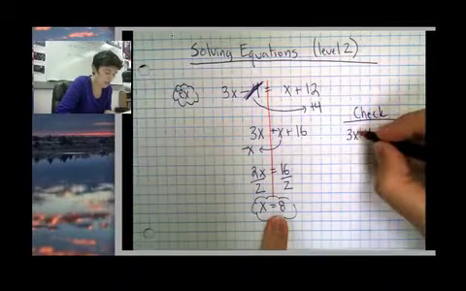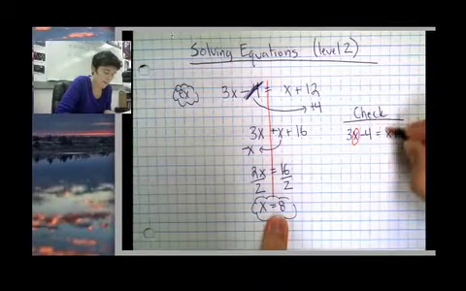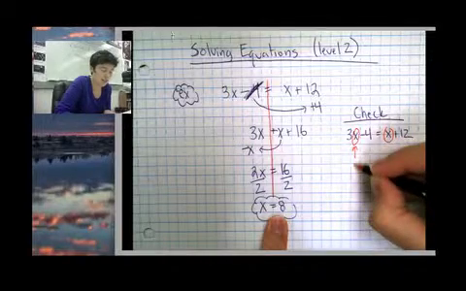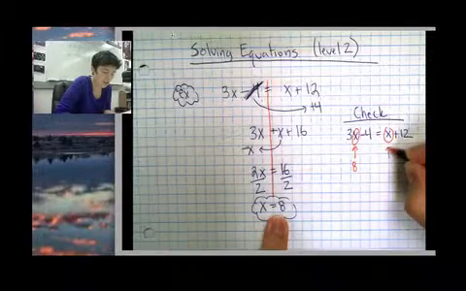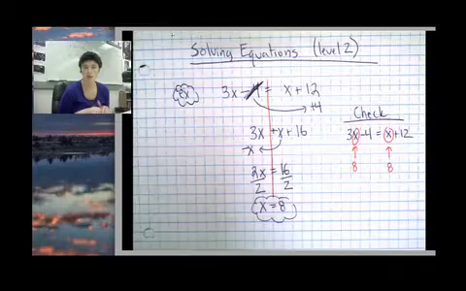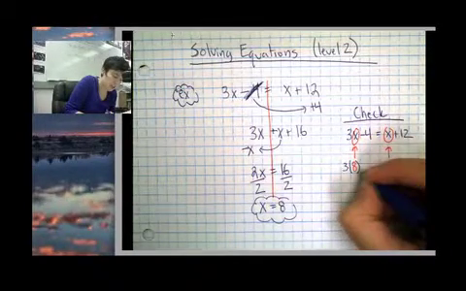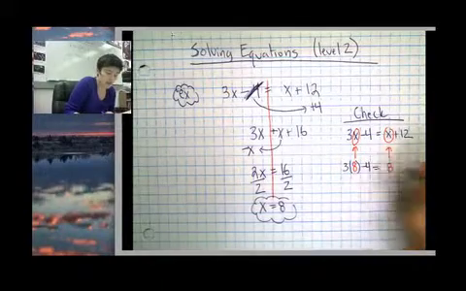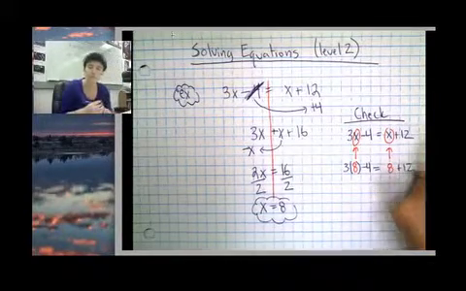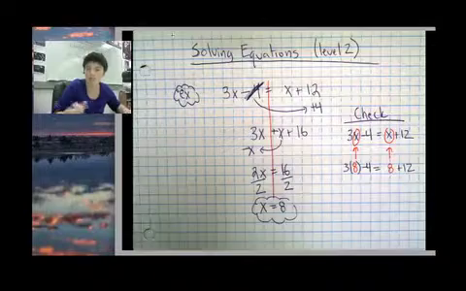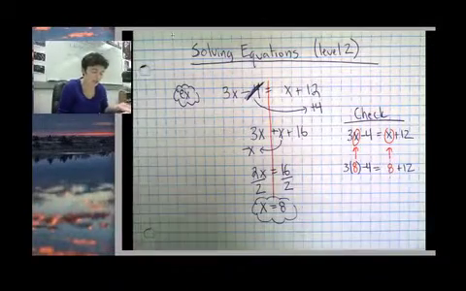So I'm going to circle each of these x's, and I'm going to put an 8 in there because I think that's the answer. So instead of 3x minus 4, I'm going to have 3 times 8 minus 4 equals 8 plus 12. You're just substituting in the answer.